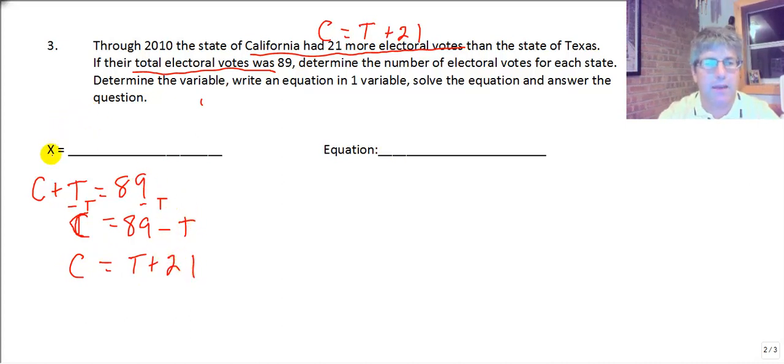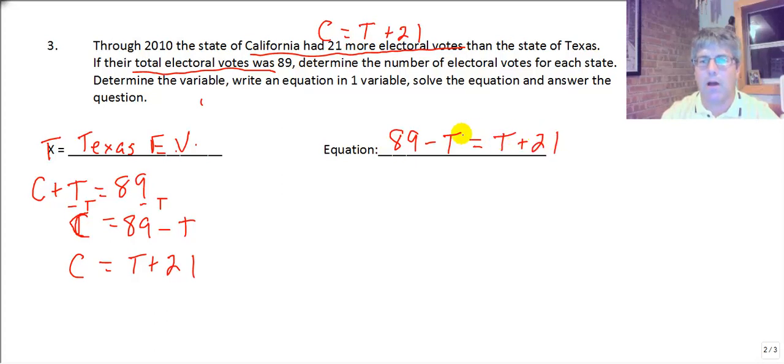So I bet if I let my variable t equal the number of Texas electoral votes, I'm going to be able to come up with an equation, because California will equal California, or 89 minus t, that's California's electoral votes, is going to be the same as t plus 21, also California's electoral votes. So I've got one equation out of those two expressions, both in one variable.